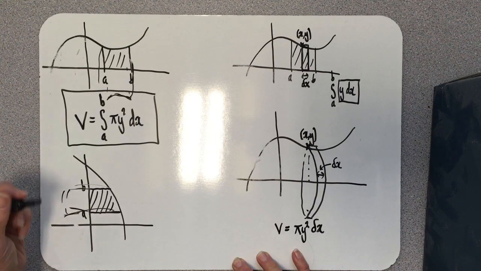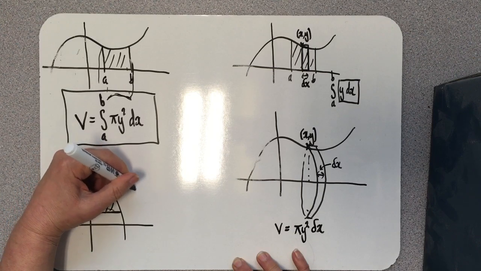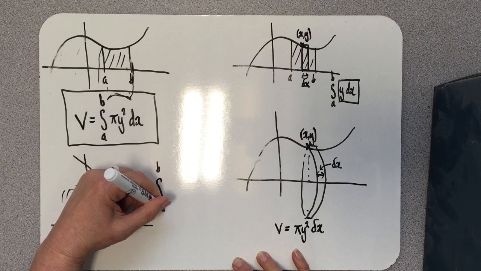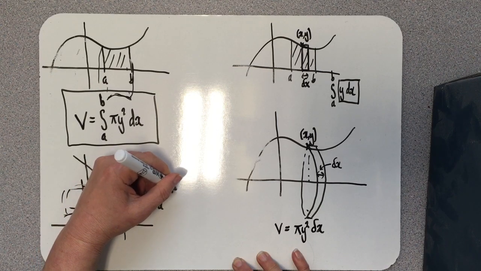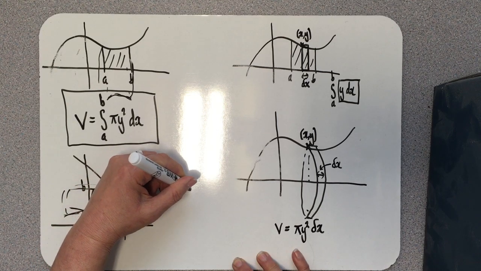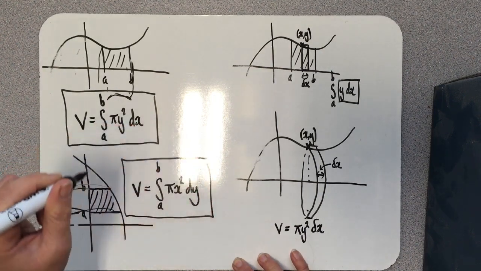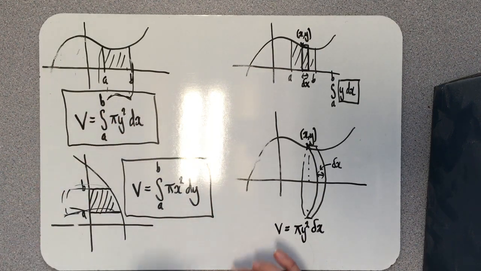Then that volume is equal to the integral between b and a of pi x squared dy. And I'll show you how to use those results in the next video.